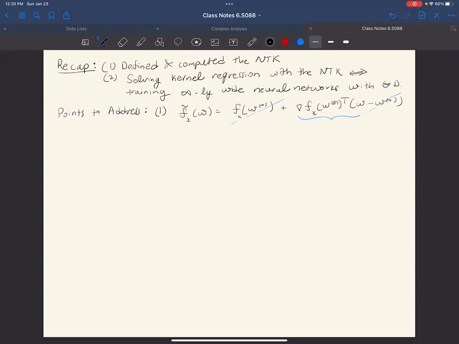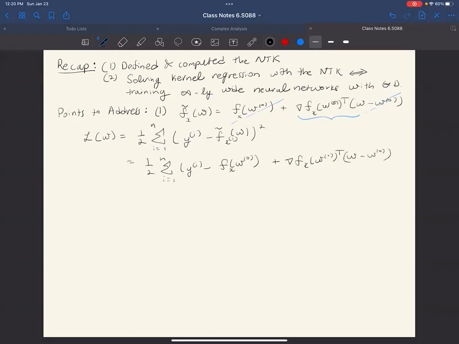And this is because if you think about the actual training objective with this linearization, if we just substitute this into our loss, and we do f of x_i tilde w, well, if I simplify this, this is just the sum from i equals 1 to n of y_i minus f of x at w_0 plus gradient f of x at w_0 transposed (w minus w_0). Now, this w_0 here, this extra difference, this is not such a big deal.